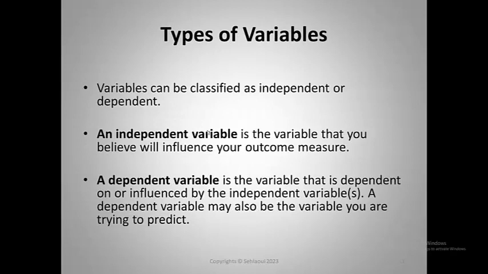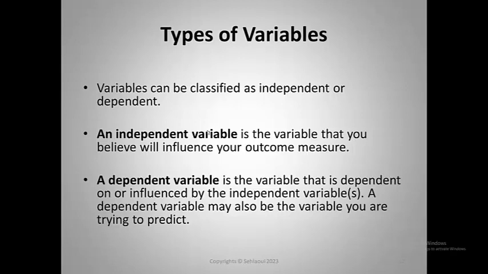Types of variables. Variables can be classified as independent or dependent, as you know. An independent variable is the variable that you believe will influence your outcome measure. Okay? A dependent variable is the variable that is dependent on, or influenced by, the independent variable or variables.